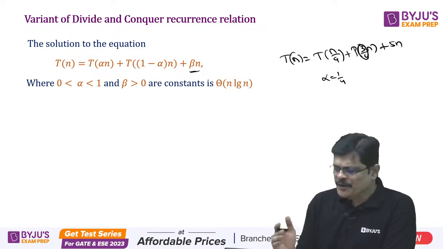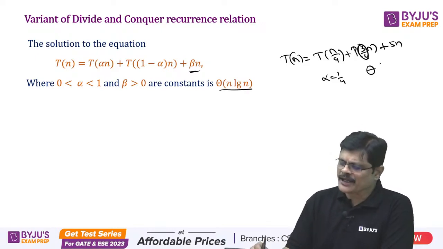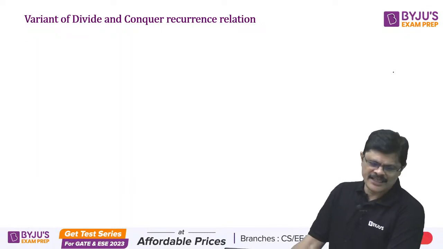Whenever you get such a recurrence relation, the time complexity is simply Theta(n log n), without doing anything else.